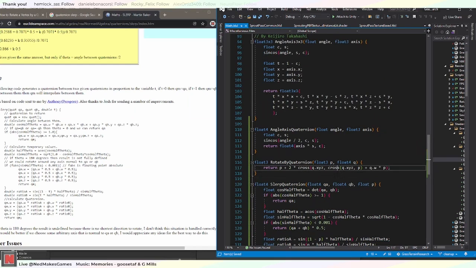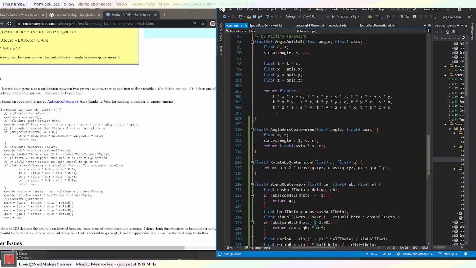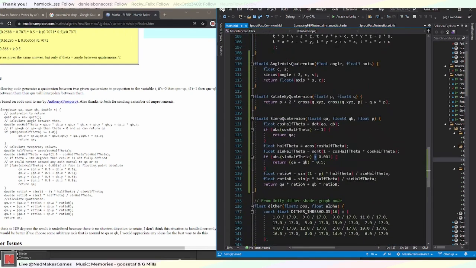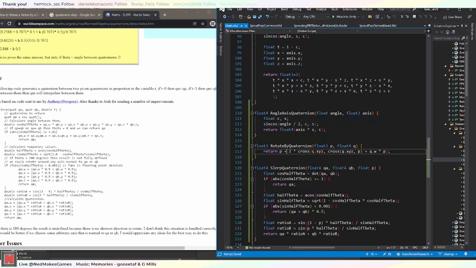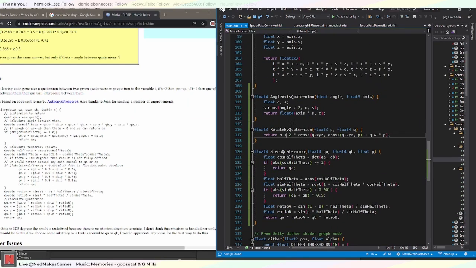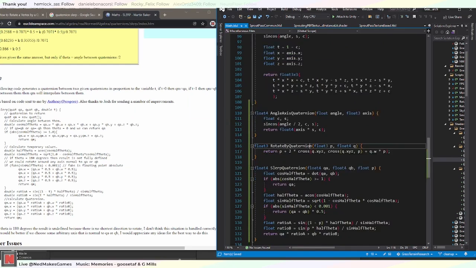So we have two cross products, and an arc cosine and a square root. I don't know, it probably isn't really that different, but we will be able to pass less data because we'll only be passing two quaternions instead of two rotation matrices.